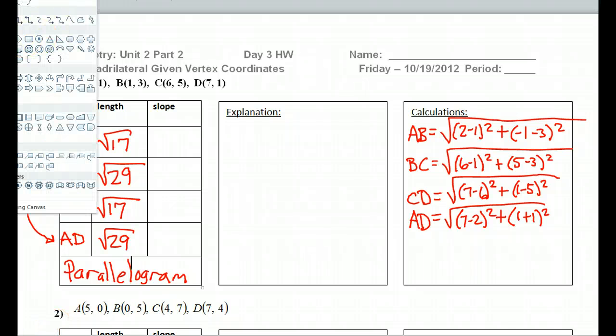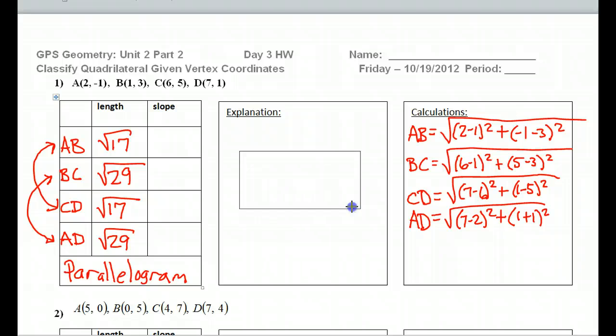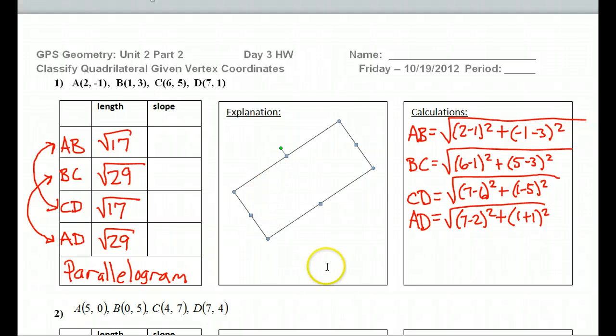Now, if this is a rectangle, what are we looking for in terms of slopes? Okay, say this is a rectangle. How should these slopes look compared to each other if this does turn out to be a rectangle? Well, remember, the definition of a rectangle is it should have 4 right angles. Right? That means all of these sides should be perpendicular. So for example, if this slope turned out to be 2/3, then what should this slope be of the next consecutive side?